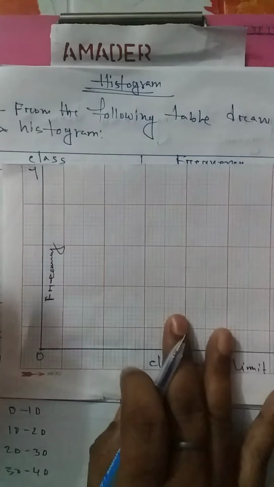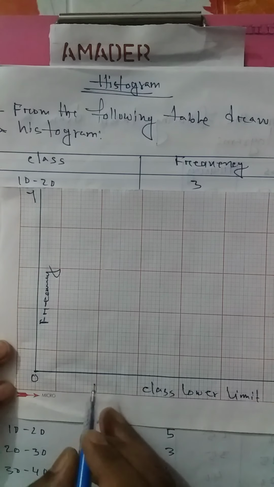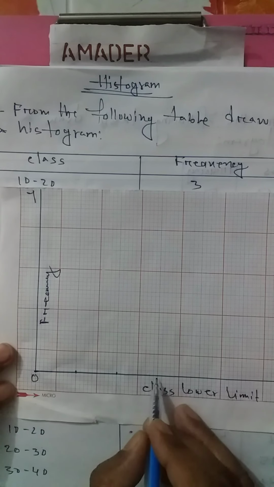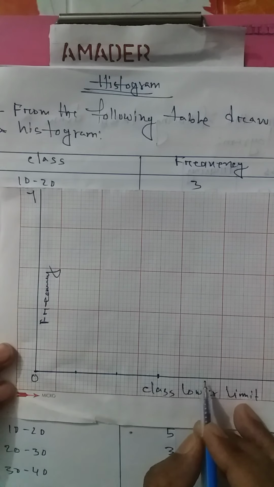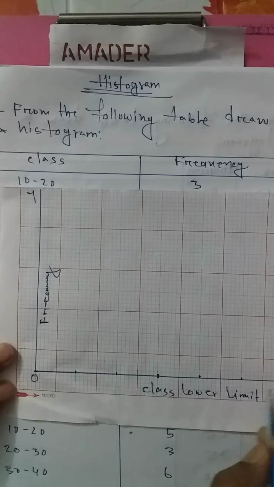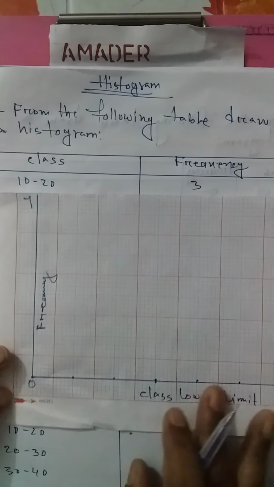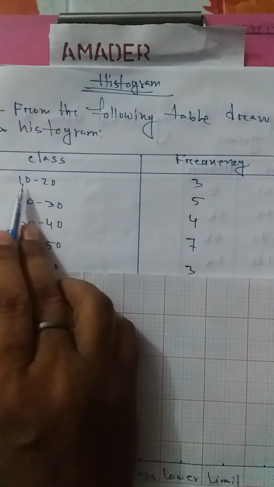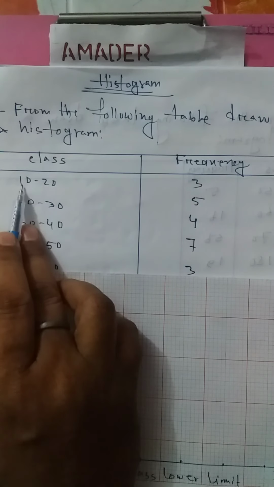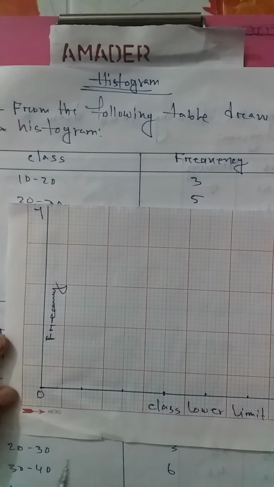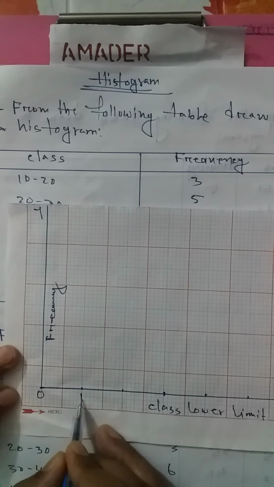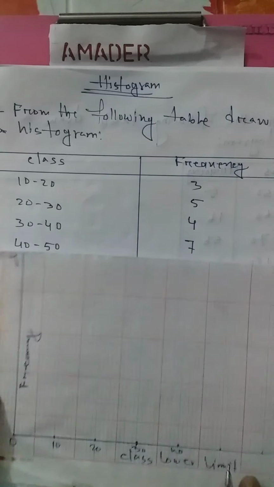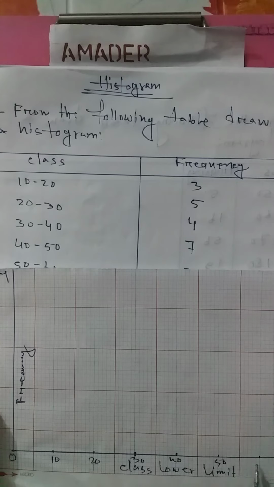The lower limits are 10, 20, 30, 40, 50 and 60.